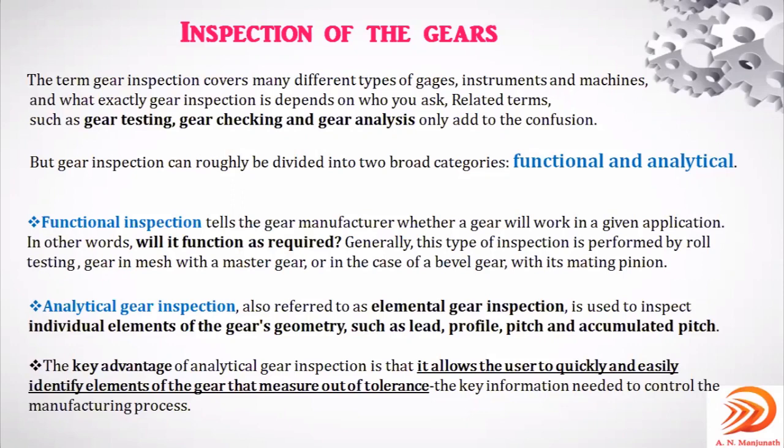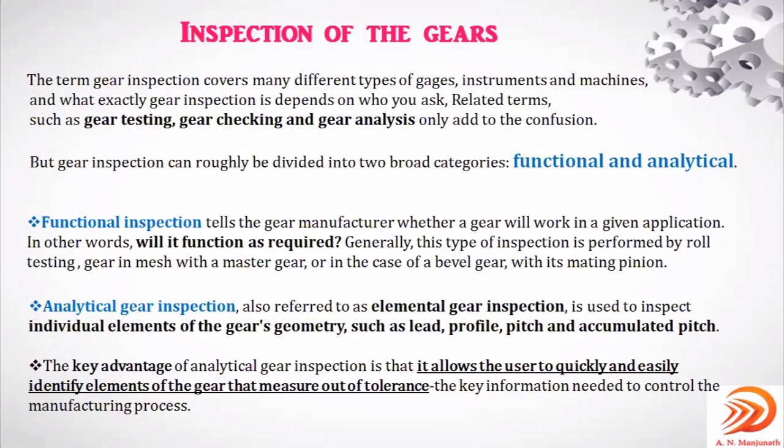Another category of inspection is analytical inspection. Analytical inspection is also called elemental gear inspection. As we discussed in the last class, a particular gear consists of many different elements, and those individual elements need to be inspected.